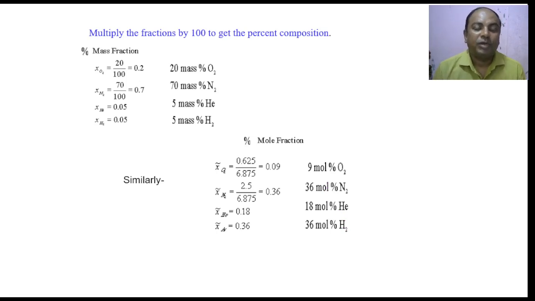Moreover, these basic calculations are essentially required while doing material balance calculations, as we know that the inputs to the unit process may be different, and their compositions may be different.